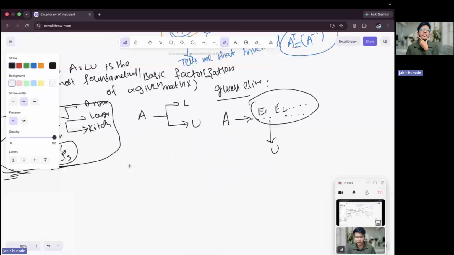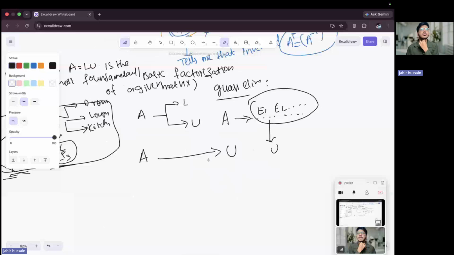My question is, we have understood that in Gaussian elimination we take a matrix and keep on doing elimination until we get U. Now, how can I describe this entire process, this entire life cycle, mathematically?